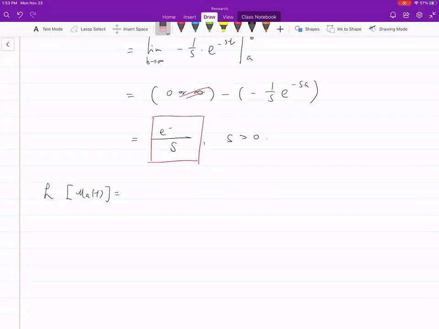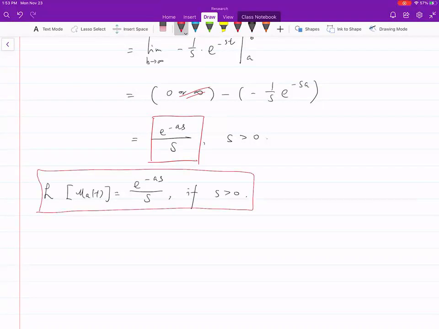Here it should be a. If s is bigger than 0. Okay, we have the Laplace transform for the Heaviside function.